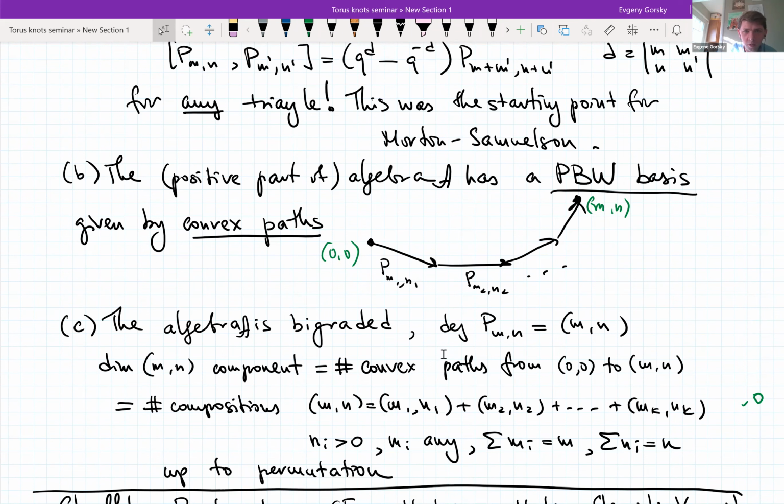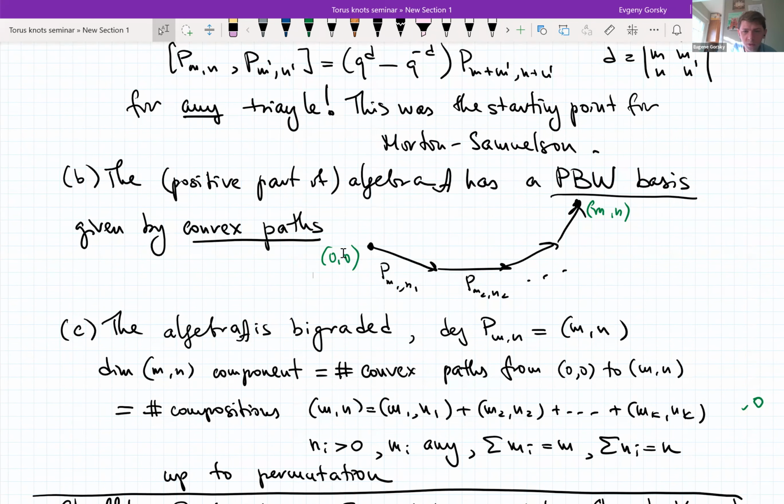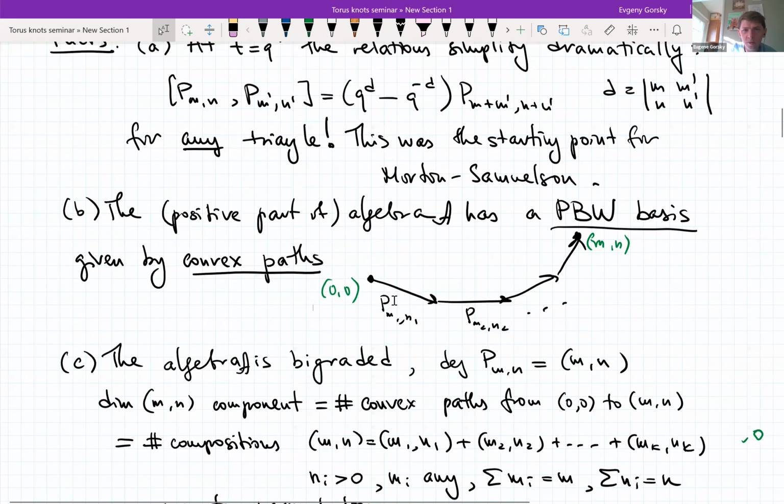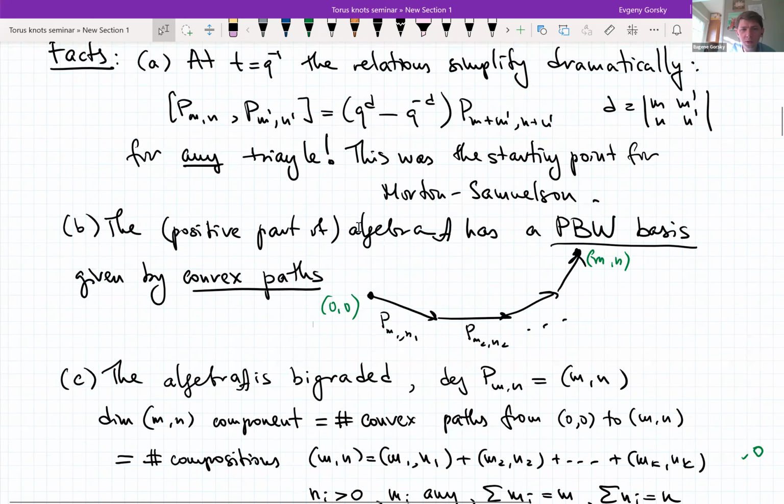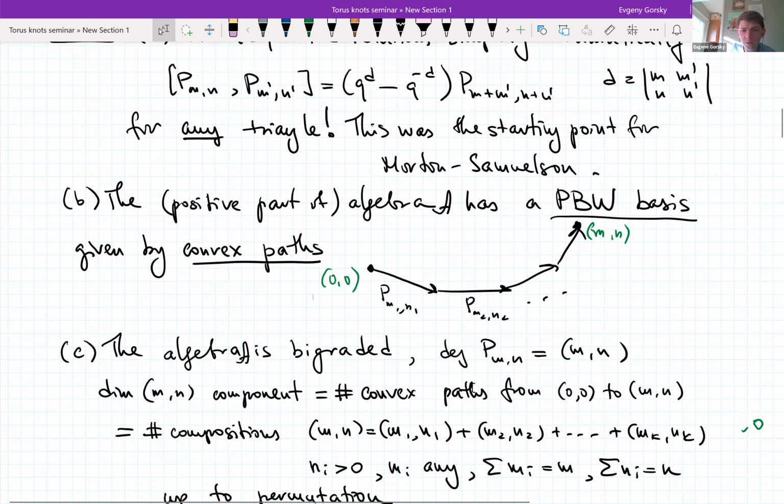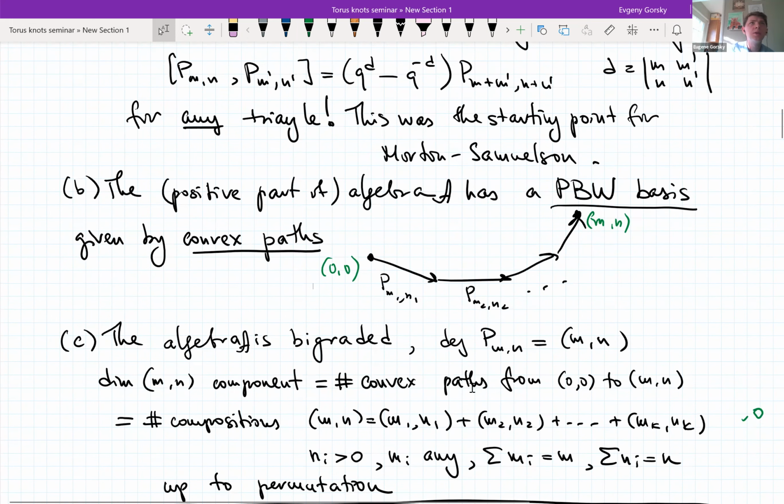Okay. That is the presentation with P_{m,n}'s, and I think that's the best you can get from there: you have this basis of convex paths. But the main problem with this presentation is that it's really hard to come up with interesting elements. If you have an element which is not a P_{m,n}, you need to write it as some combination of P_{m,n}'s, and it's really hard to visualize.